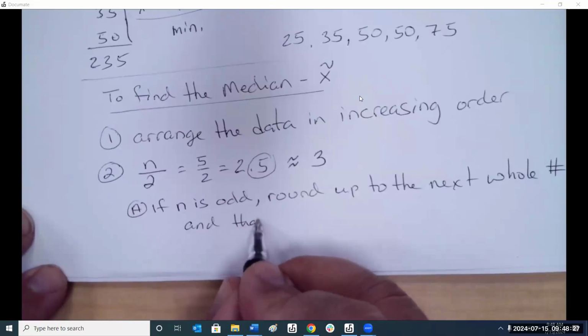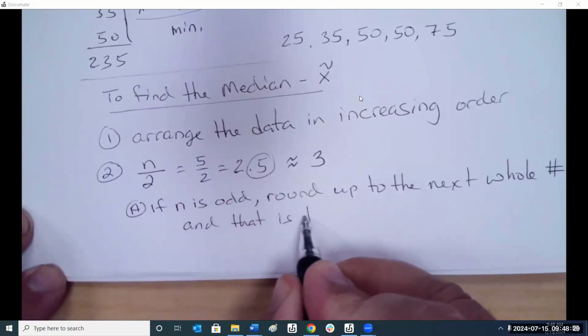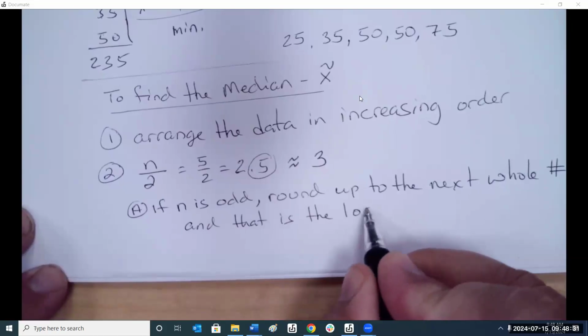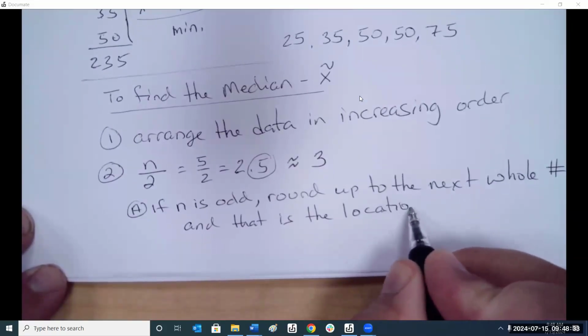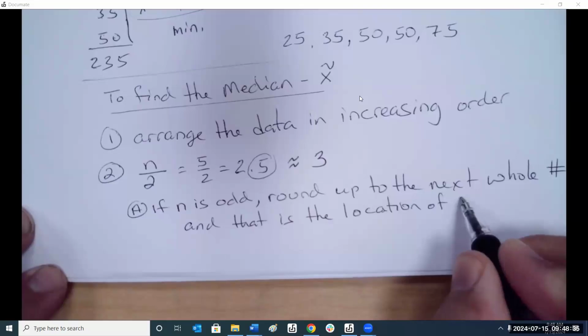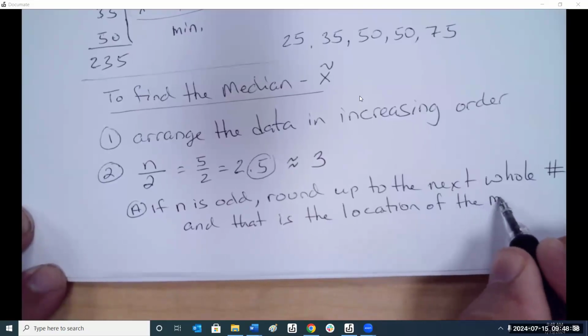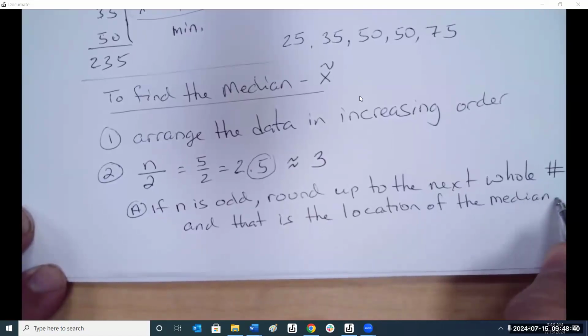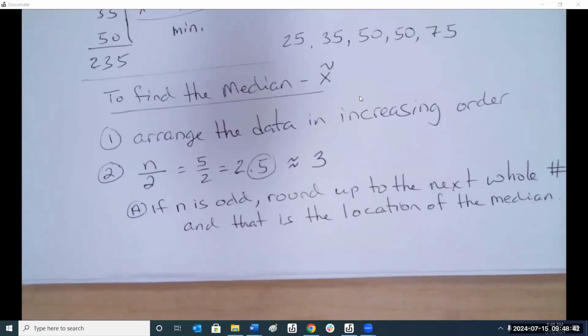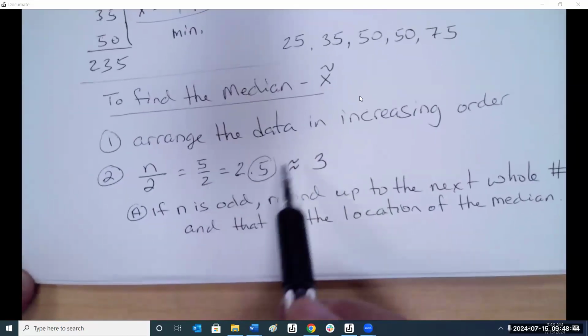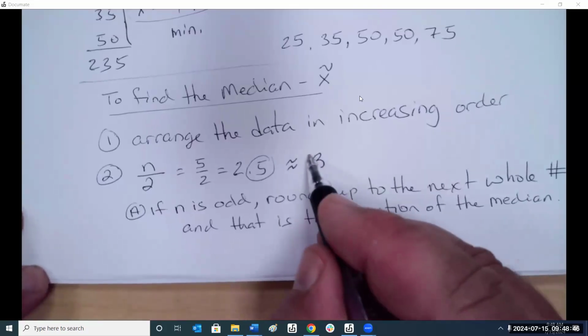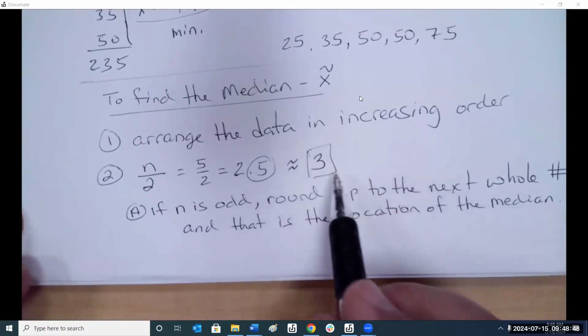And that is the location of the median. So we took 5 divided by 2, we get 2.5, rounded up to 3. So our median is in the third spot.